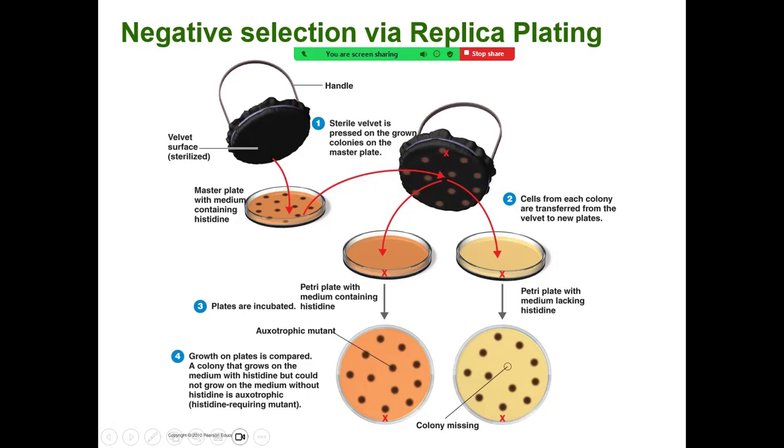You look for the presence of colonies on the media containing the amino acid histidine. And there we see a colony that is absent on the plate of media that is lacking the amino acid histidine. So these cells are mutated and they cannot grow on a plate of media that lacks the amino acid histidine, but they can grow on a plate that has the amino acid histidine.